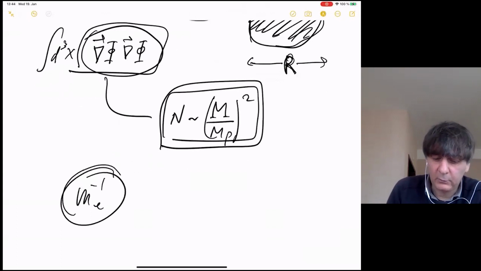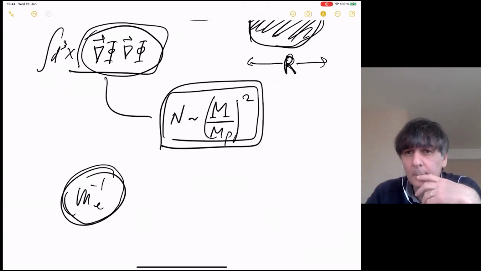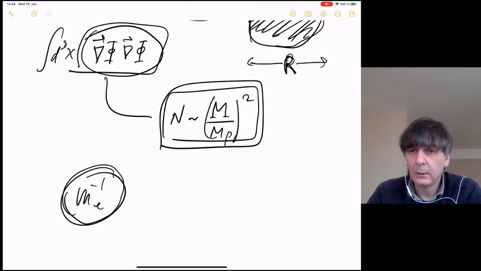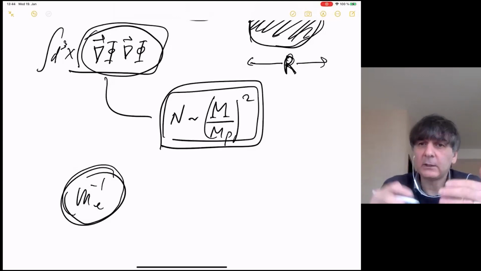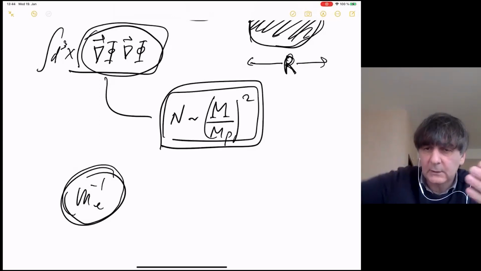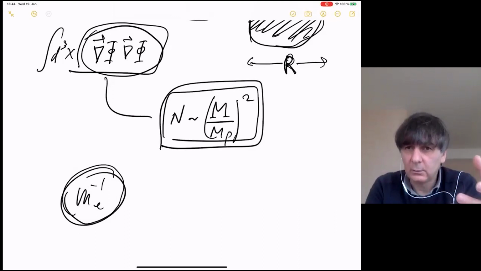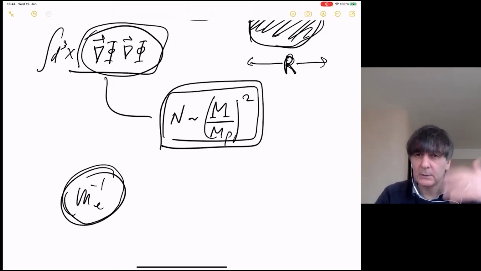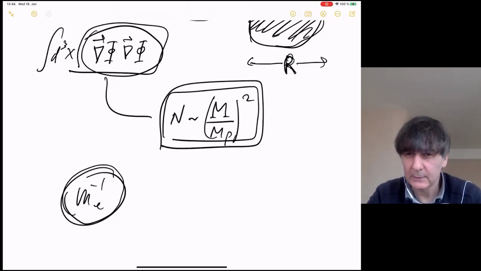Actually, the occupation number of gravitons of this wavelength is negligible. So that's why the electron, despite the fact that at long distances its gravitational field is of course classical, is not a classical object. But that's not true as soon as we have an object which is heavier than the Planck mass.